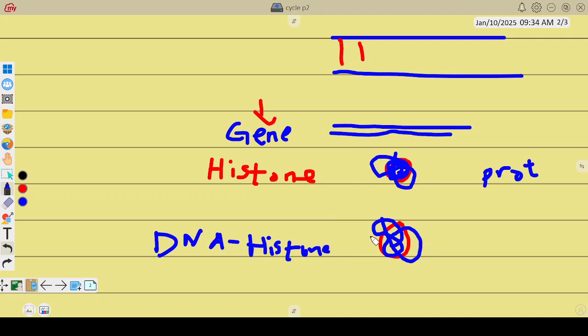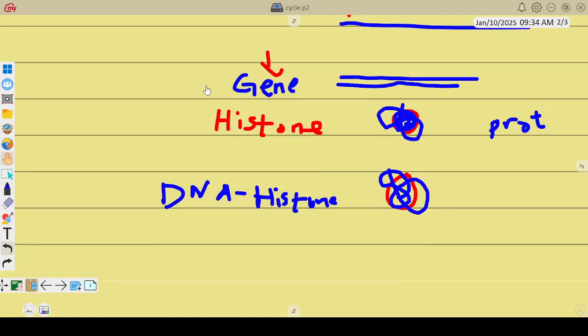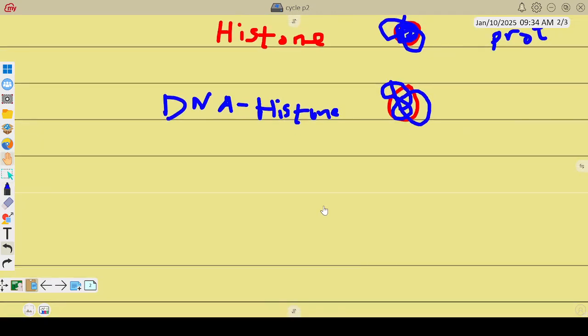This will now form a more stable structure. I'm just moving in layers. So this structure, which is made up of a gene and a histone, is called a nucleosome.